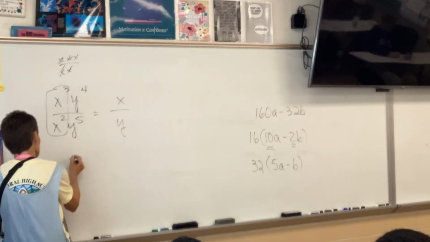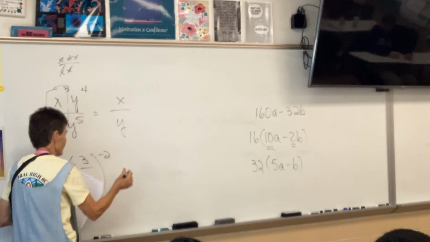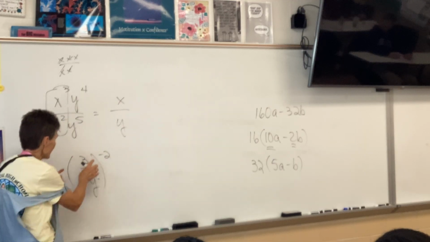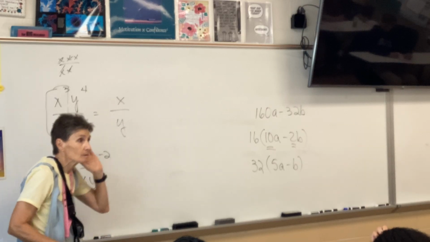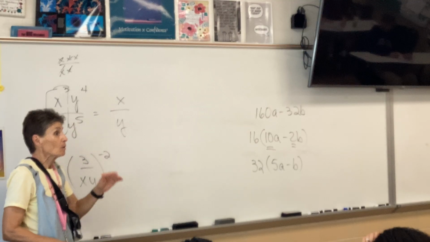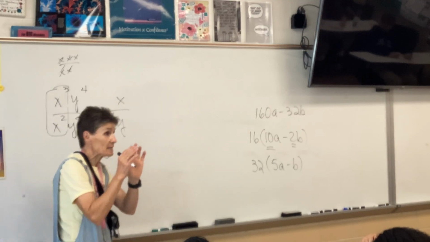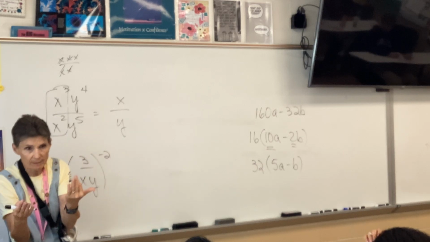B is a different story. B is here. Anybody know how to handle this guy? Don't you, times -2, top and bottom? Okay, we take everything to the negative second power. That exponent actually goes with everything, right?